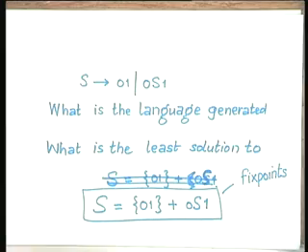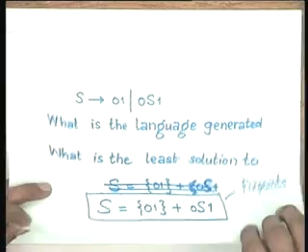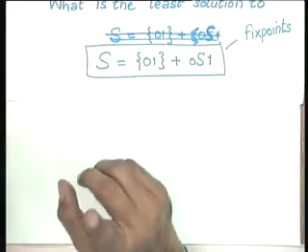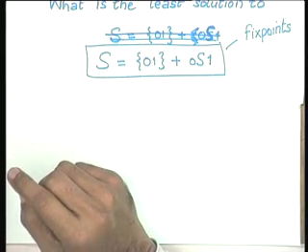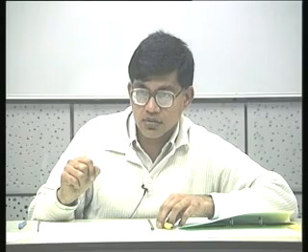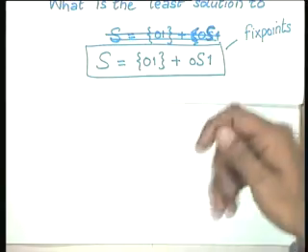So, what we are saying is, what is the least set S such that 0 1 belongs to S, and 2, if x belongs to S, then 0 x 1 also belongs to S. So, there is a closure property that has to be satisfied.